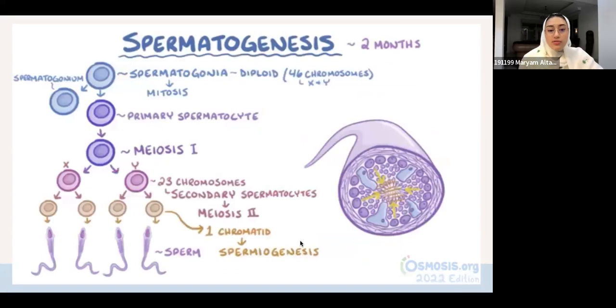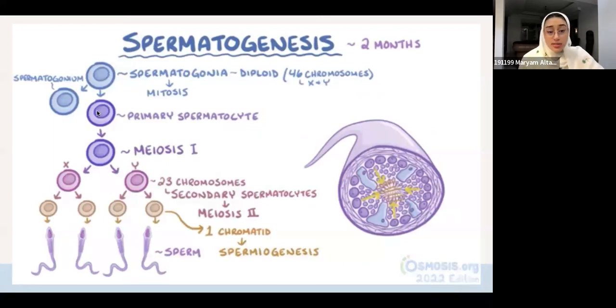So now, after that, let's go back to the process of spermatogenesis. It usually takes around 2 months. And remember how we saw the organization of our seminiferous tubules? Everything goes inwards like an arrow. And so our spermatogonia are diploid. They're 46XY. Okay, obviously because this is a male.